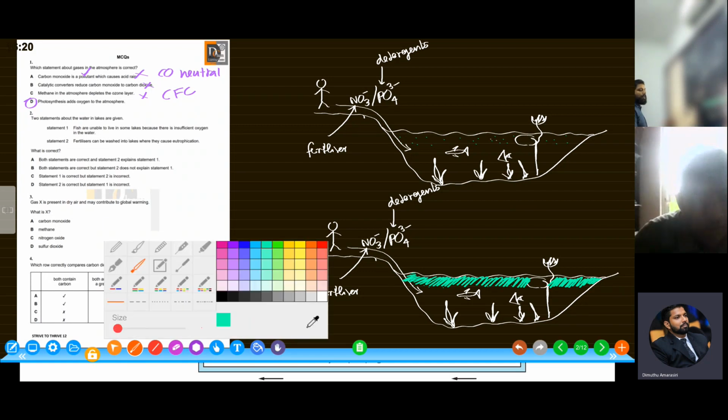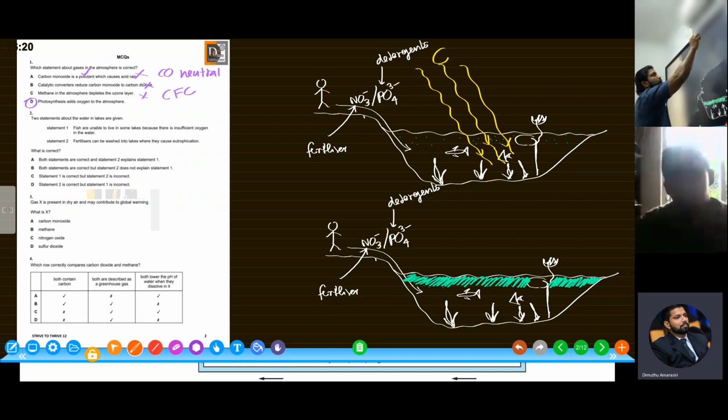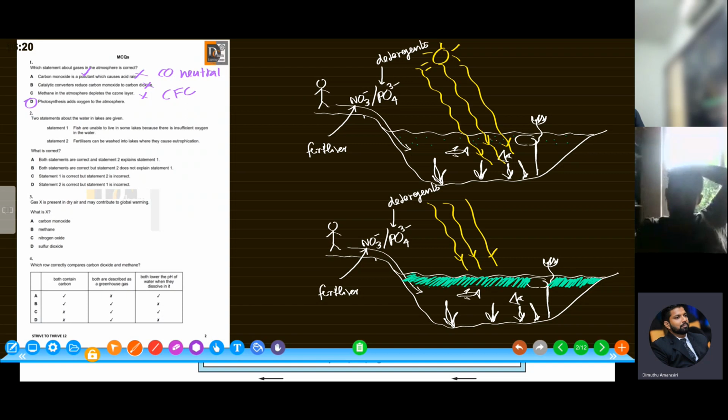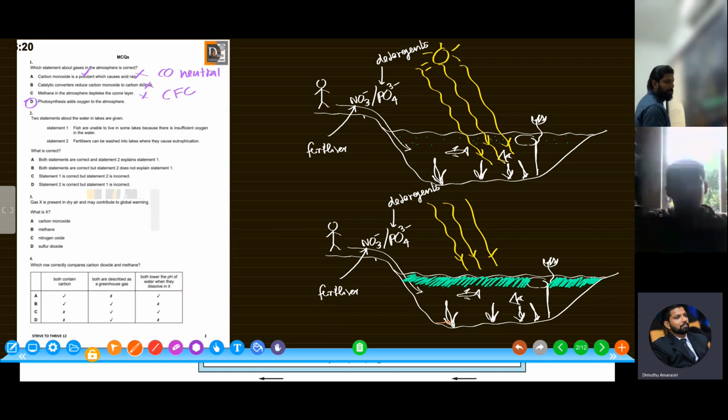So previously the sunshine went into the deep layer of water. Now what happens? The light can't go inside. So it's really dark there at the bottom. These submerged plants die.